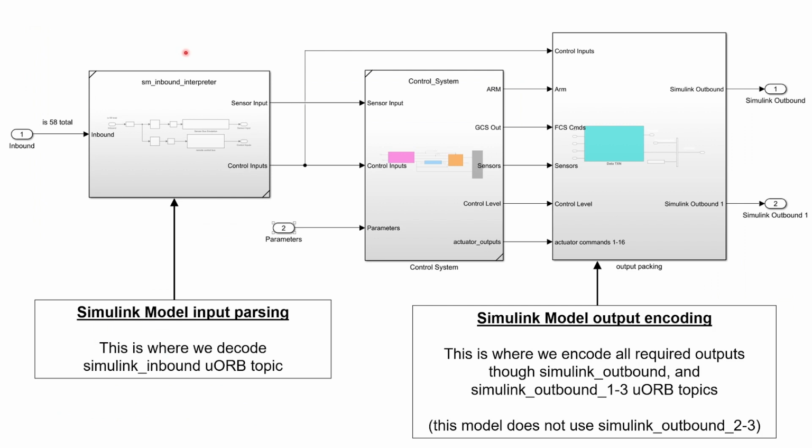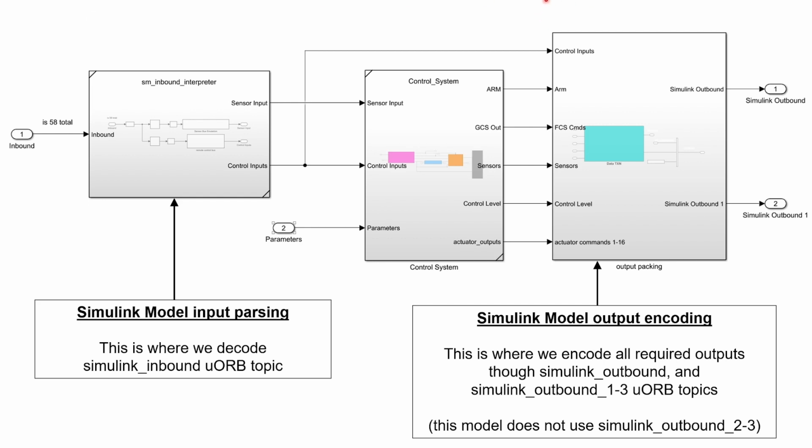Once we step into the middle block, what we need to actually do before we call our control system that actually does something that we're interested in, there is this deparsing or decoding part happening on the left, which is essentially taking care of all of the proper data structuring, labeling, and making sure that everything is well commented. Basically we're just making sure that the information that we retrieved from the PX4 makes sense and is simple to use for the rest of the model.